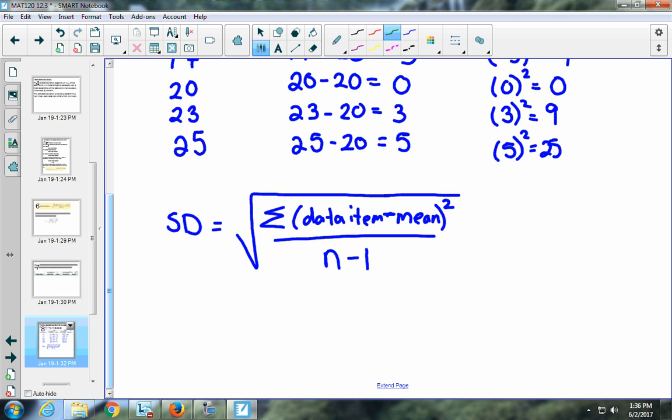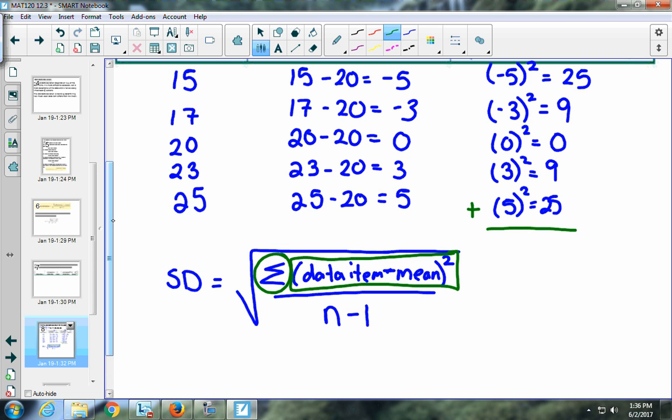We just found each individual data item minus the mean squared. The next thing we're going to do is add them all up. So in this column on the right, we are going to add up all of those answers. The 25, the 9, the 0, the 9, and the 25. That gives us 68. That is the numerator of this fraction.